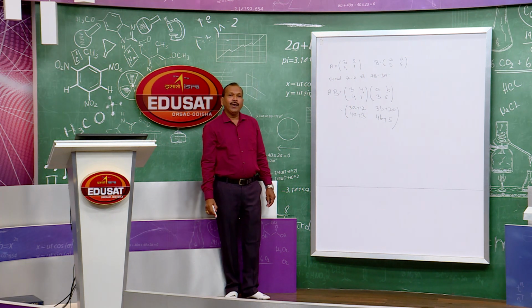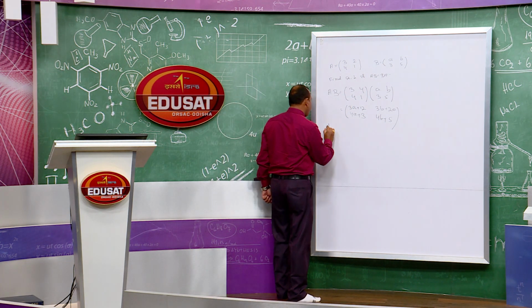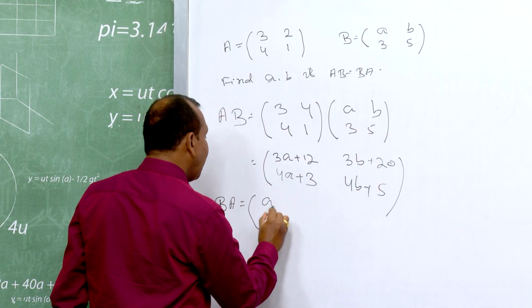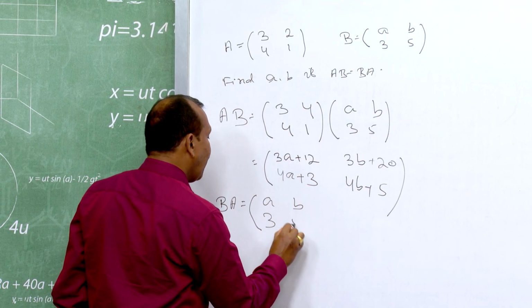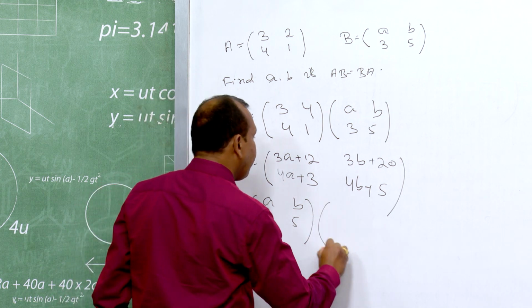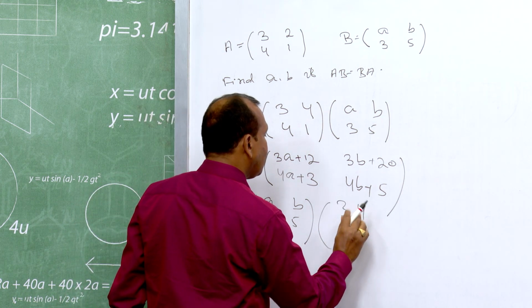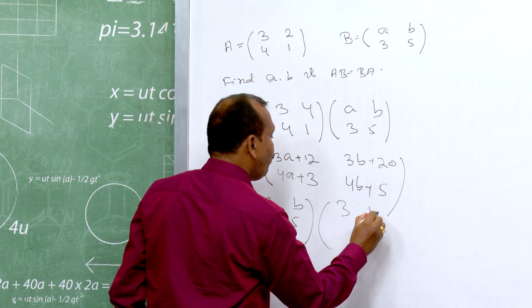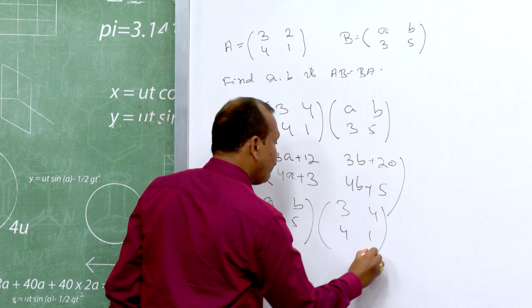Next, we have to find BA. BA means a b, 3 5 multiplied with 3 2, 4 1.